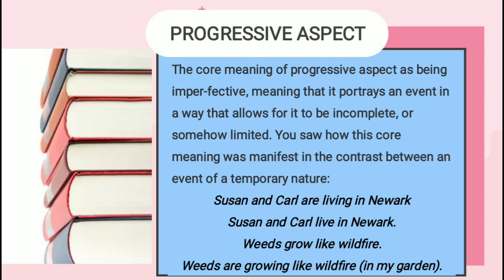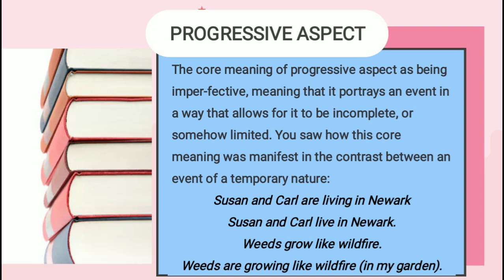You saw how this core meaning was manifest in the contrast between an event of a temporary nature, for example, Susan and Carl are living in Newark, in contrast with an ongoing state.